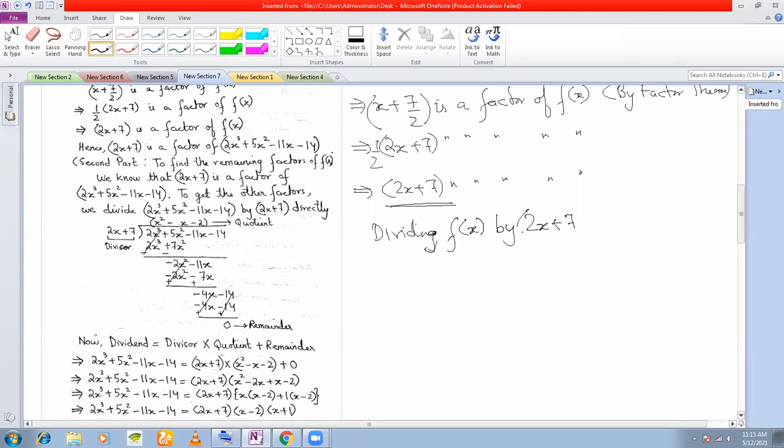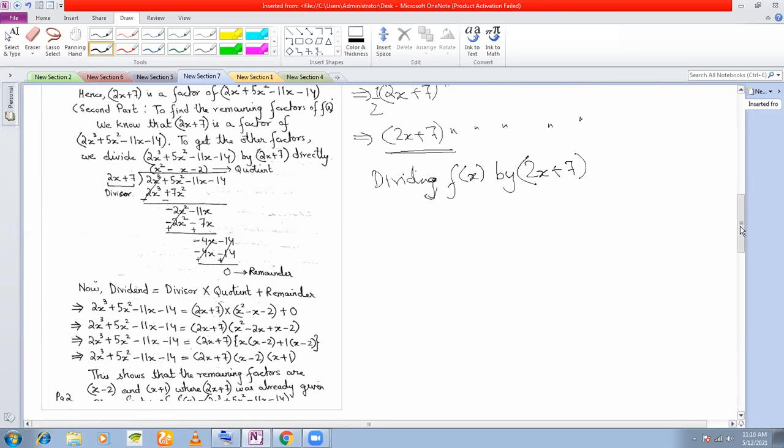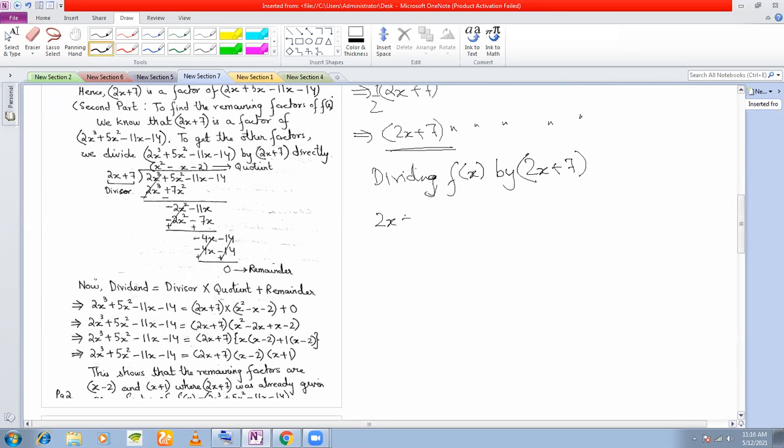And you will have to show the division here. Okay. So let us carry out the division very quickly. I don't think I have to explain this much because you have already done this in your class 8. 2x cubed plus 5x squared minus 11x minus 14.